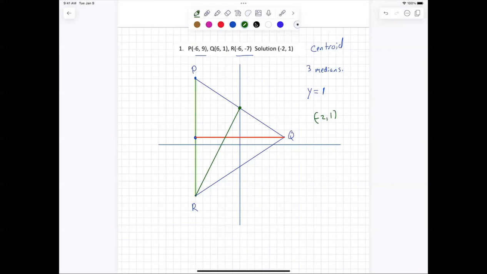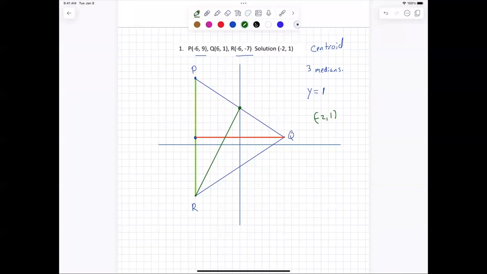If you don't know, write them down. The midpoint formula is the average of the x's and the average of the y's. I just don't know what you're struggling with. Write that down. The formula for midpoint: x1 plus x2 divided by 2, comma, y1 plus y2 divided by 2. That's how you find the midpoints.